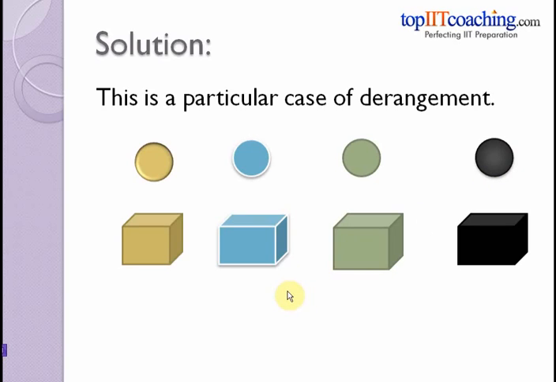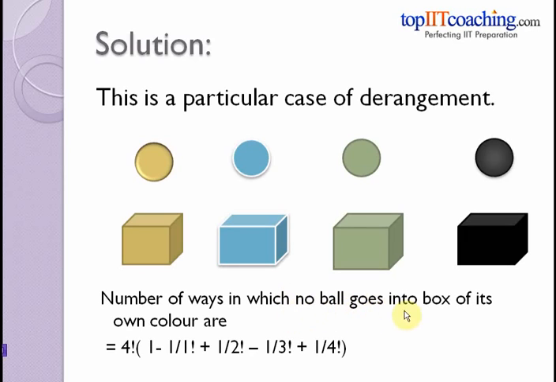Thus the total number of derangements, or the total number of ways in which no ball goes into the box of its own color, is equal to 4 factorial into 1 minus 1 by 1 factorial plus 1 by 2 factorial minus 1 by 3 factorial plus 1 by 4 factorial, and that is equal to 4 factorial into 1 by 2 minus 1 by 6 plus 1 by 24, and that is equal to 9.